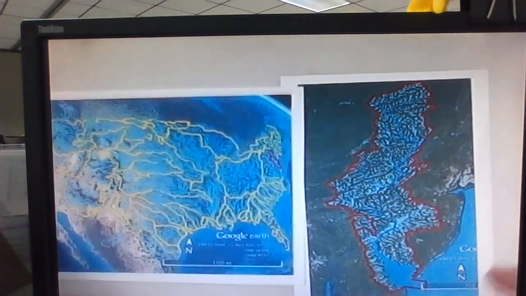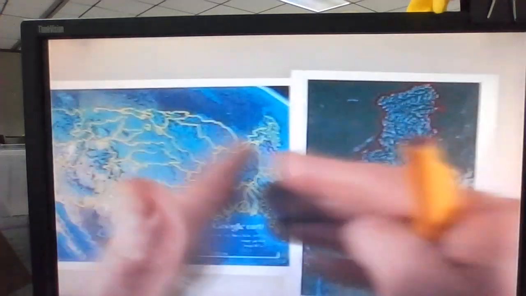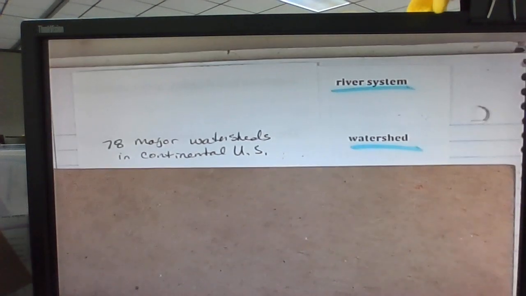I've got it backwards. So the watershed feeds the river system. So on my notebook, I have both of them highlighted the same color. I know, that really threw the morning class off. Because they're related to each other.